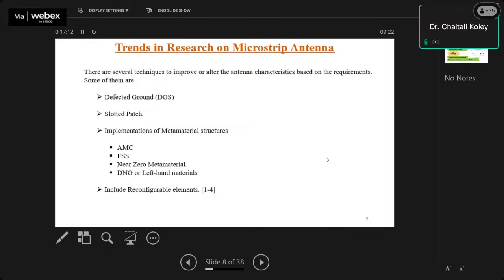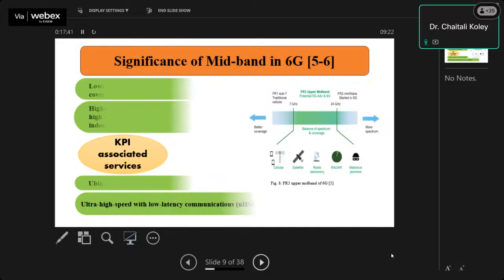Some use a defected ground structure or slotted patch, and also metamaterials like AMC, FSS, near zero metamaterial, DNG type of material. People are working on improving the characteristics of the existing microstrip patch antenna.